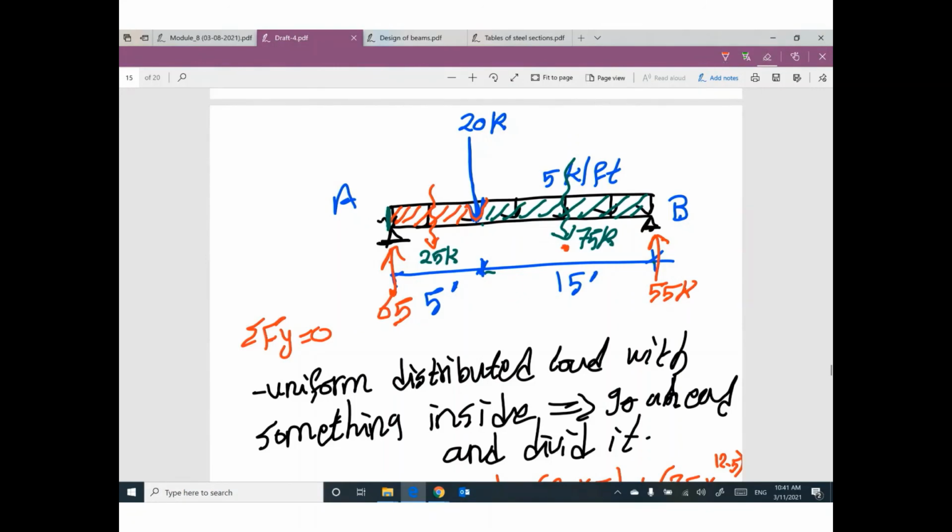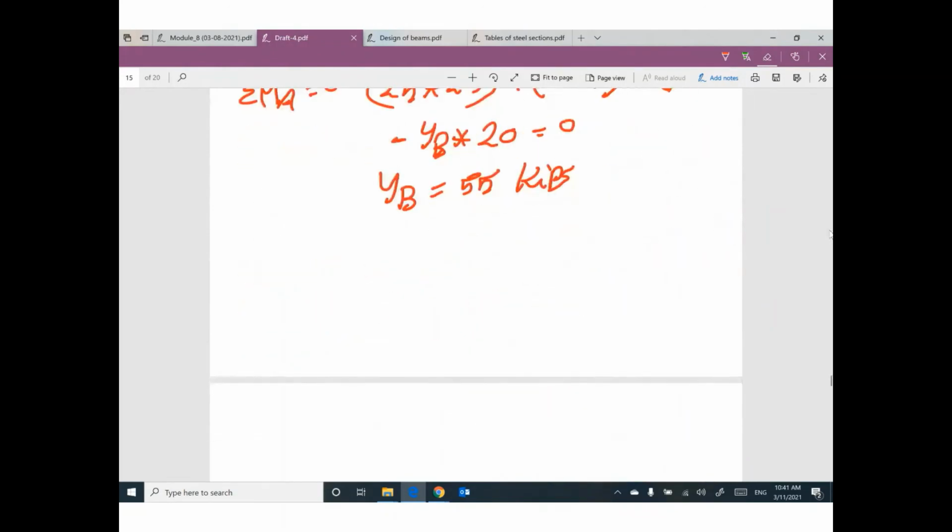So the key in this kind of problem: if you have a uniform distributed load on the beam without anything inside, get the equivalent value for the whole distributed load one time.